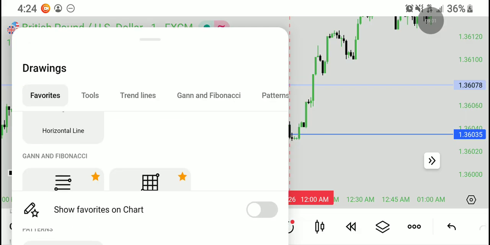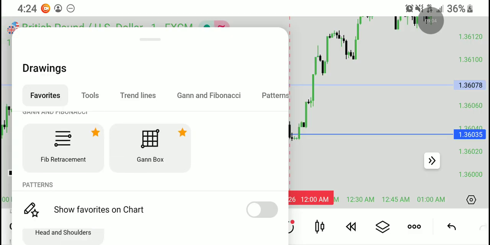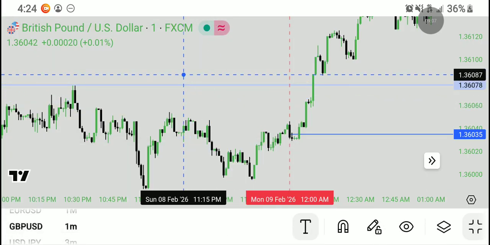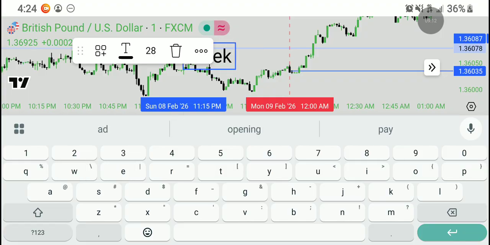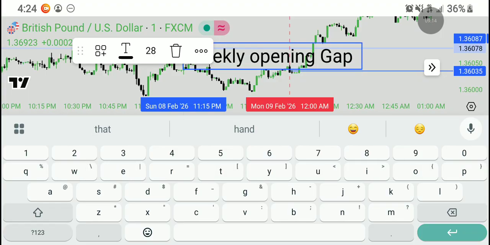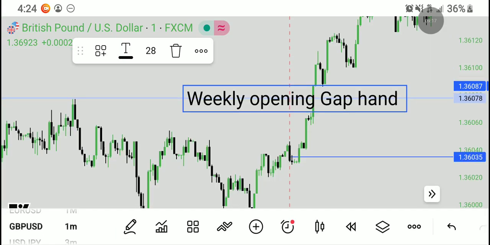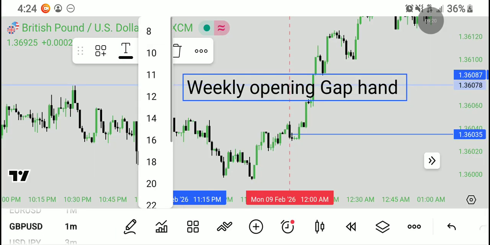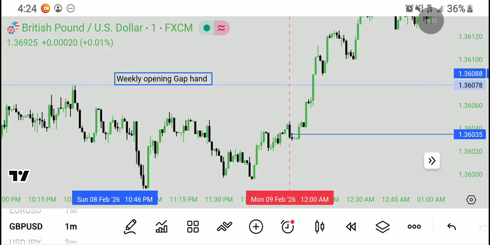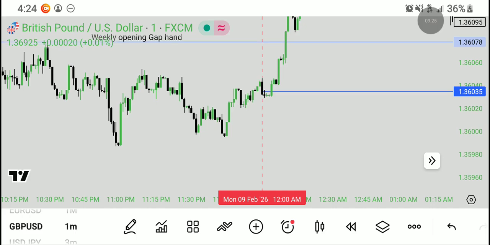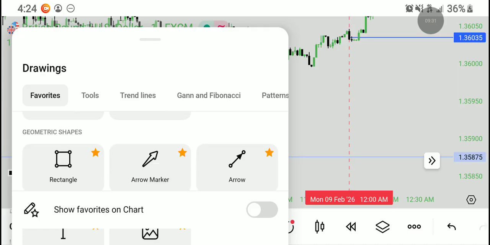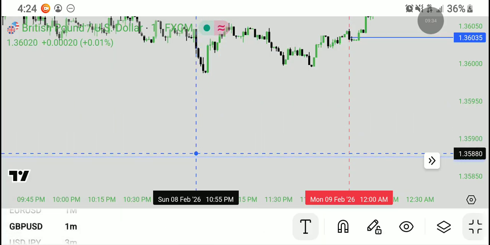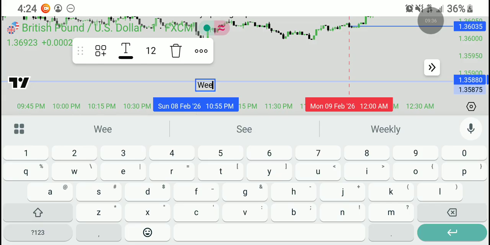I want to show you something there. And this is weekly opening gap leg.